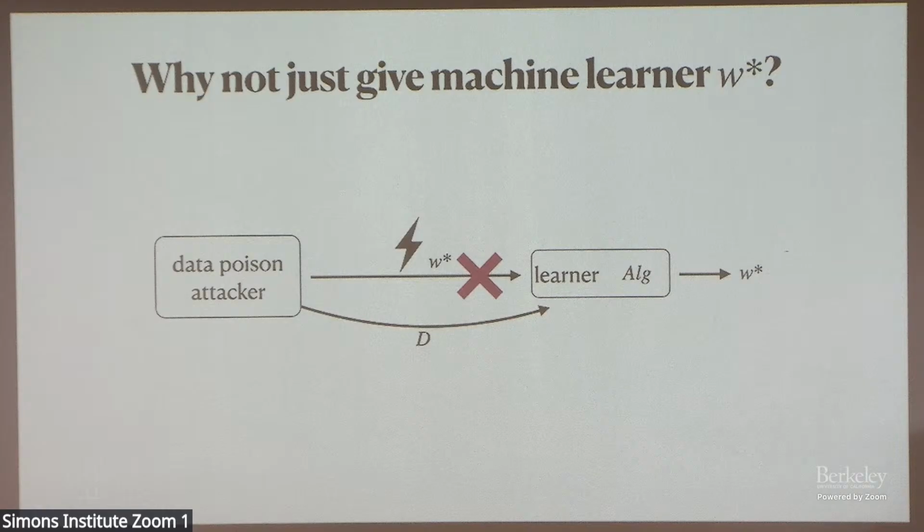In the attack case, this W star is going to be constructed by the attacker for a certain purpose. For example, in the case of a spam filter, we could say W star is just a particular threshold that the spammer, the attacker, wants your spam filter to eventually take, such that it allows certain kinds of spam to go through your filter. So we will assume this is given.